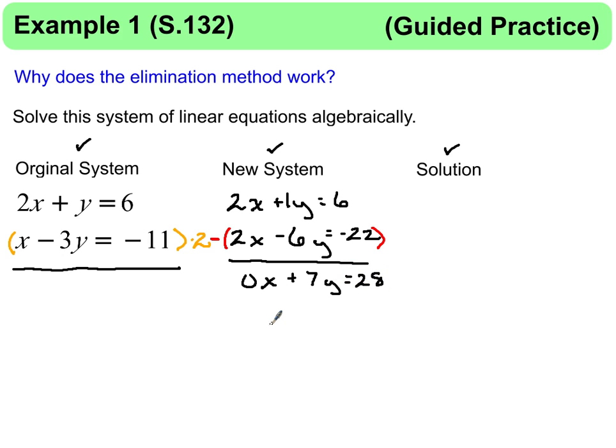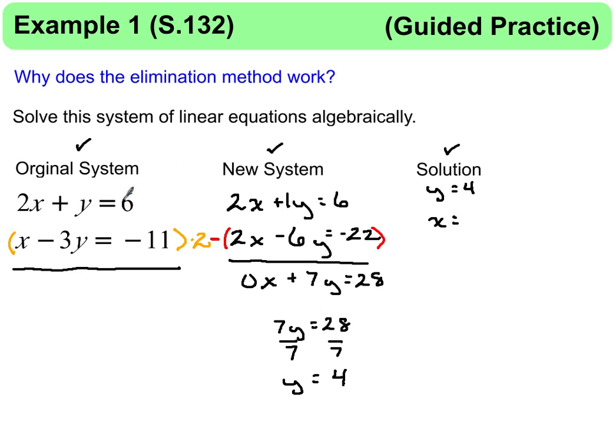So now what I have is 7y equals 28. Divide both sides by 7, and so y is going to equal 4. So I know for my solution, y is equal to 4. I want to take an opportunity now and determine what my x value would be.